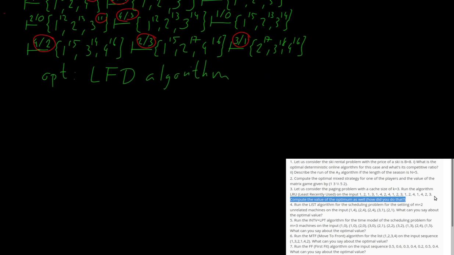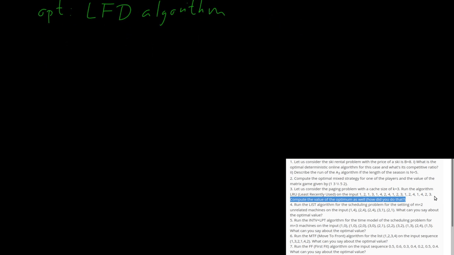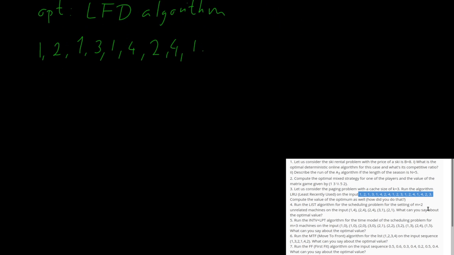And for the longest forward distance algorithm, I will actually copy this input as well. So it's 1, 2, 1, 3, 1, 4, 2, 4, 1, 2, 3, and then the 1, 2, 4, and then 1, 4, 2, and 3. Yeah, okay.